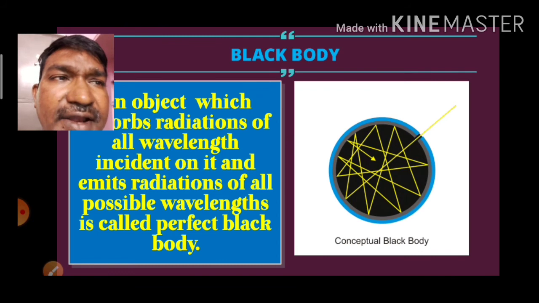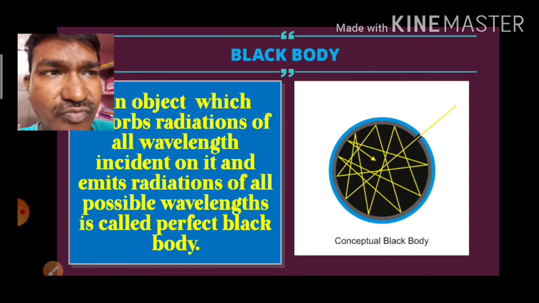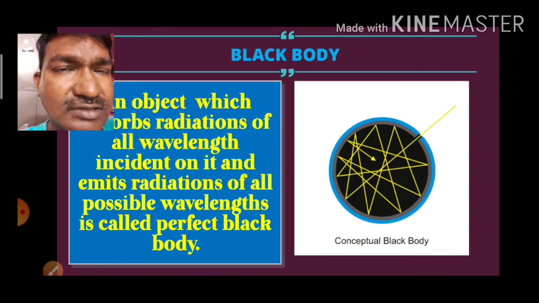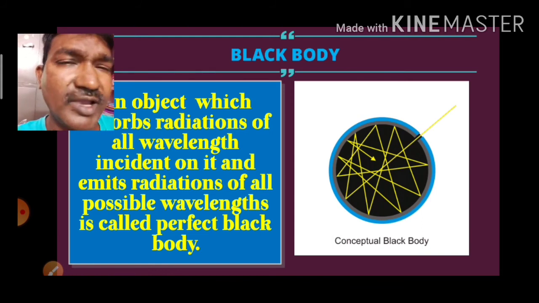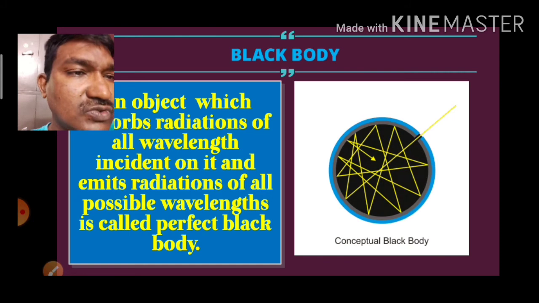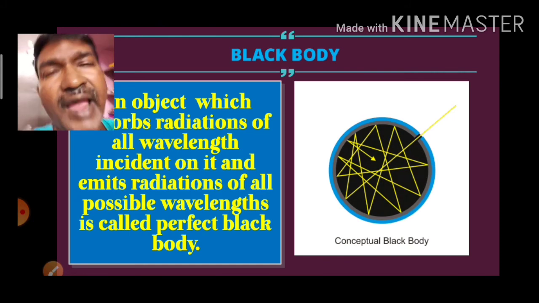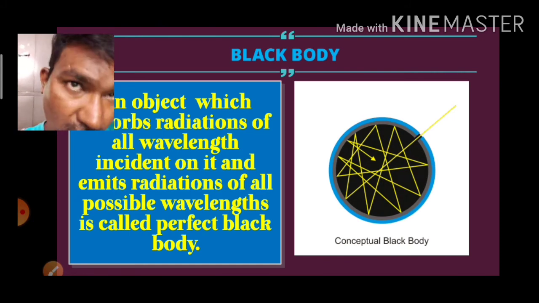So when the light enters into this object through the small aperture, that light will undergo multiple reflections and will be completely absorbed by the substance. So such an object acts as the ideal black body.